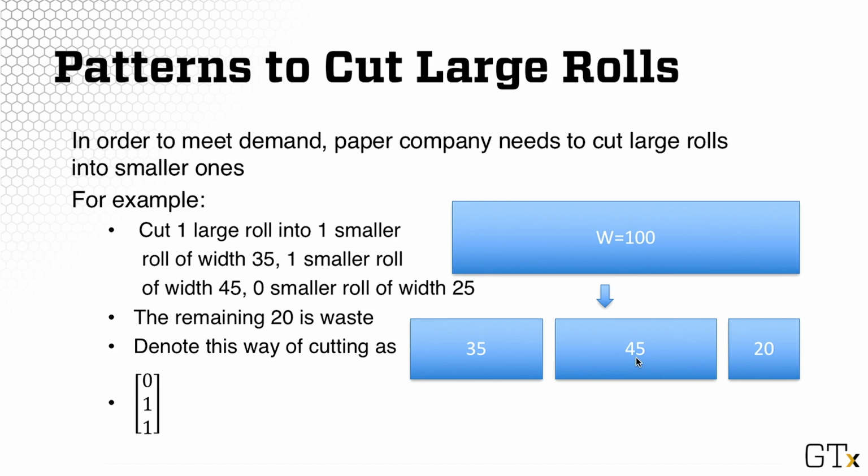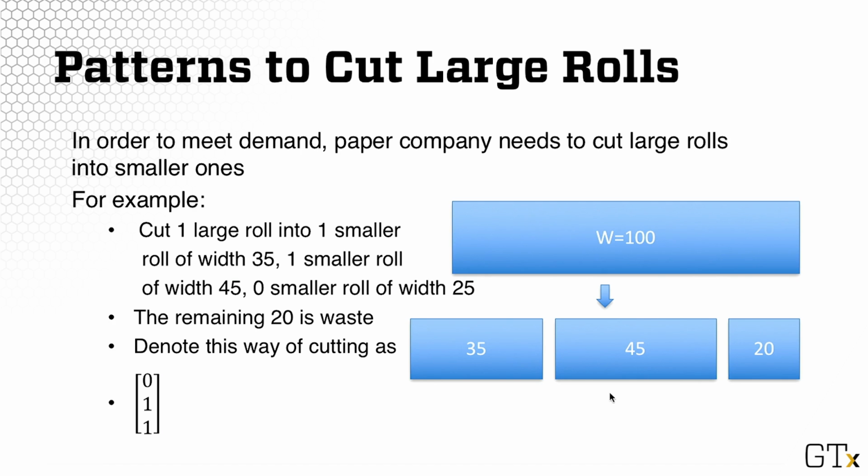This way of cutting one single large roll can satisfy 1 unit of 35 and 1 unit of 45, but 0 of 25. So we write this specific way of cutting as 0, 1, 1. This uniquely corresponds to this way of cutting because 0, 1, 1 means I cut one roll of 35 and one copy of 45. Whatever remains is not going to be used, it is waste.